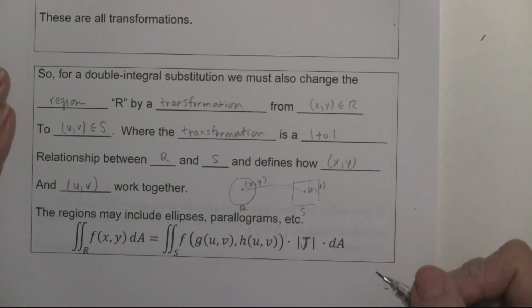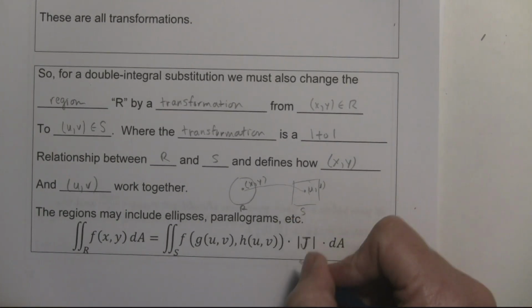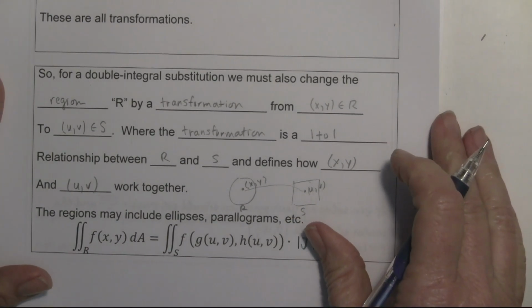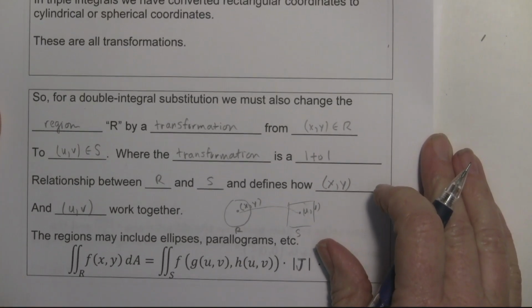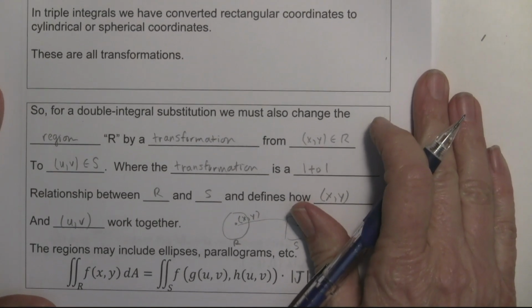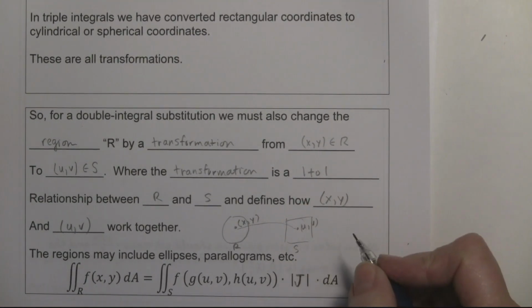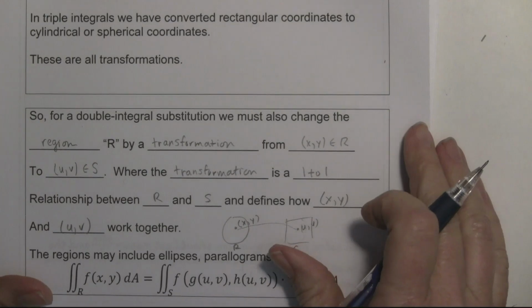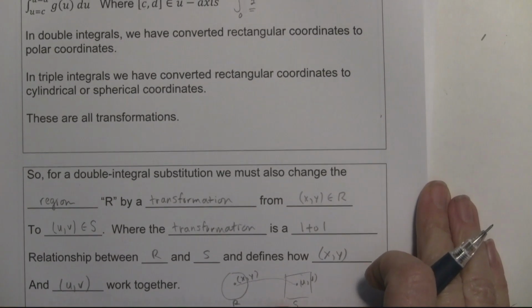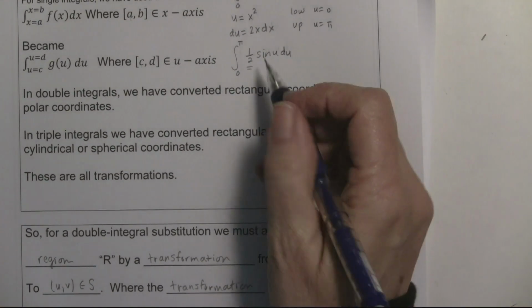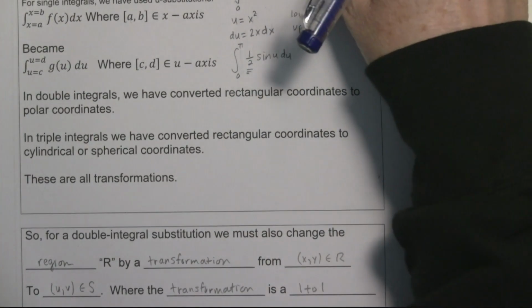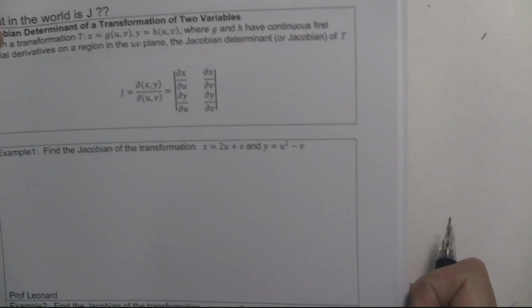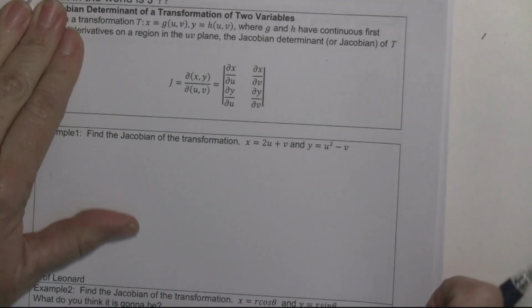My computer's font doesn't make that J nicely, so I have to go over it and write the J again. It's not exactly the same, but it's a similar idea to that half right there. We didn't call that half the Jacobian, but it's something extra that we need.